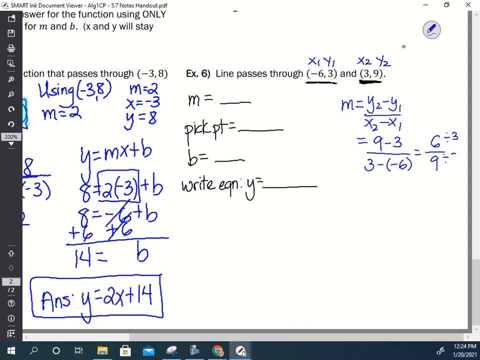Divide by 3, that's 2/3. So your slope should be positive 2/3. Mostly positive 2/3, except for Willie, did you see your mistake with that slope? As long as you know where you went wrong, you're good. So our slope should be positive 2/3.